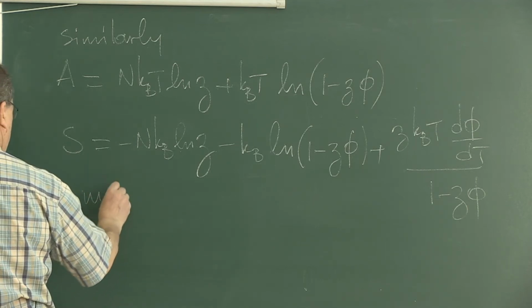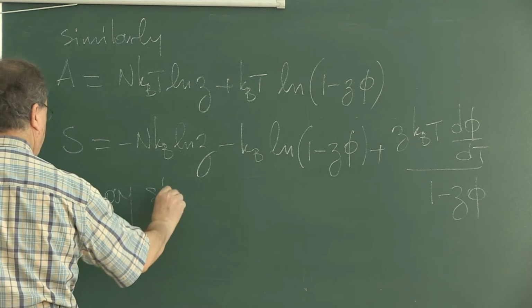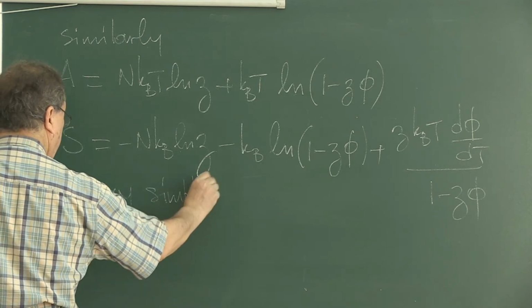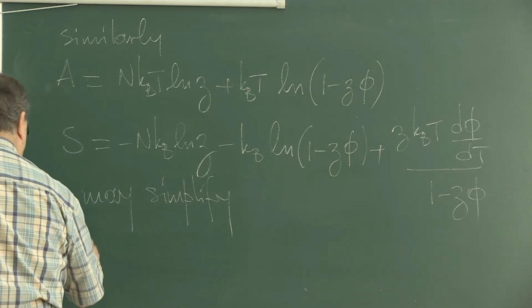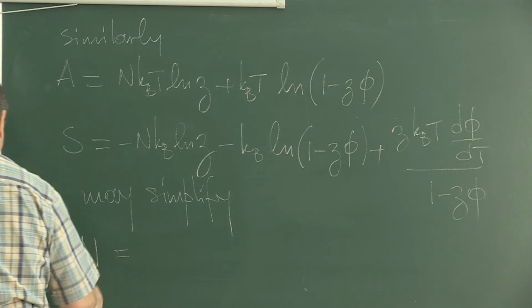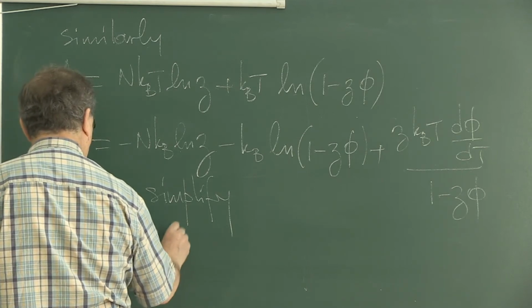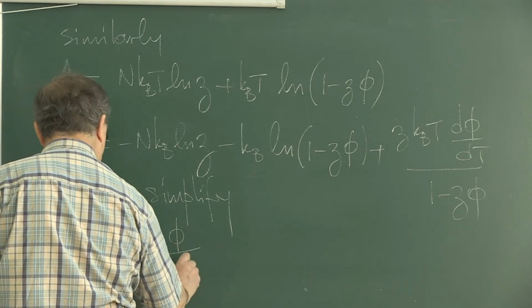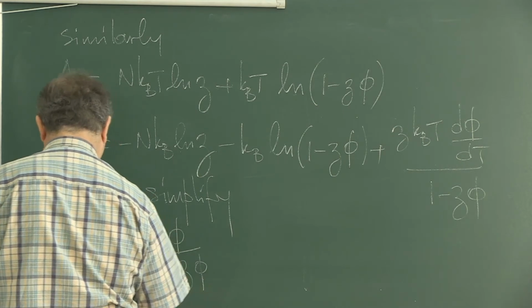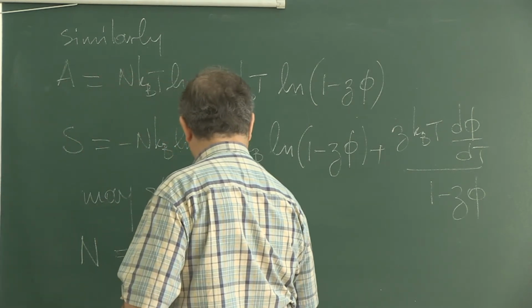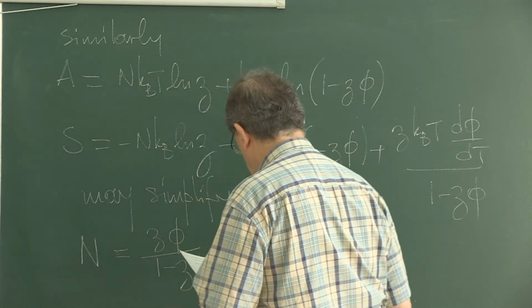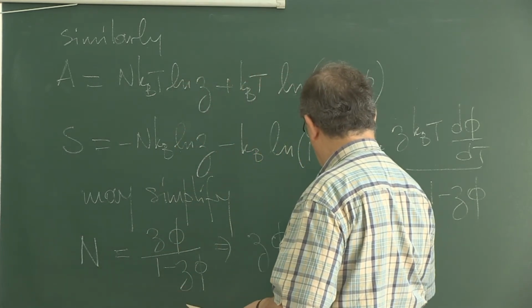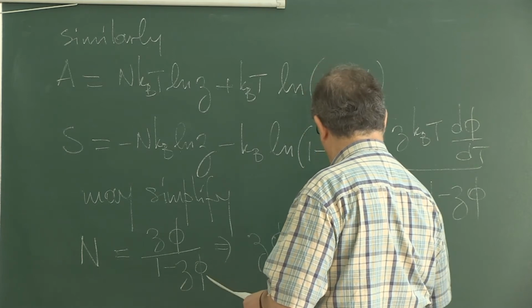Well, we know the number of particles as z phi divided by 1 minus z phi. This gives you z phi equals n minus n z phi.